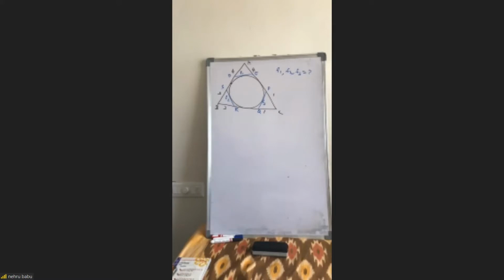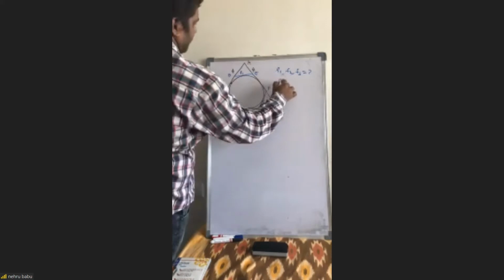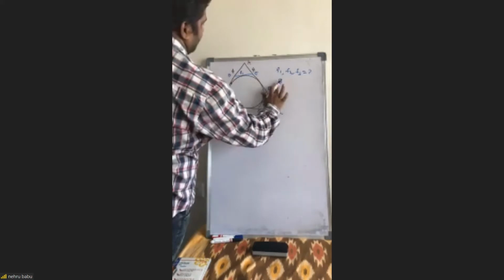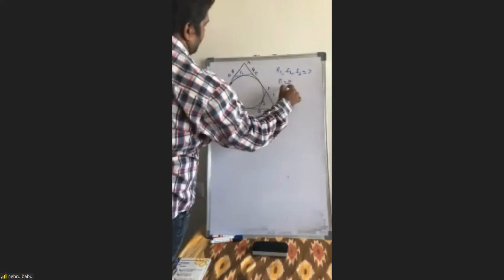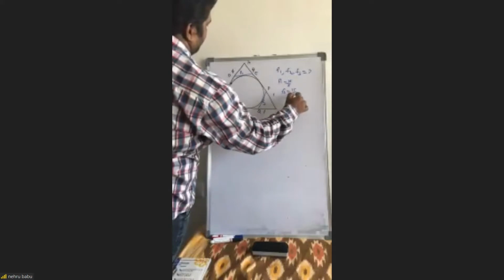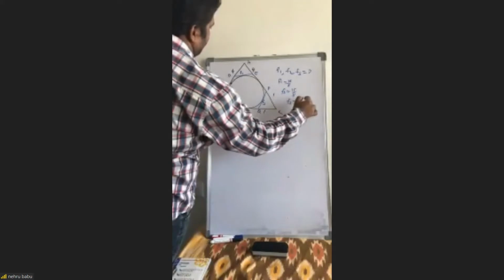So 16 by 8, 15 by 8, and 7 by 8. Okay. F1 is 16 by 8. Yes. F2, 15 by 8. F3, 7 by 8.